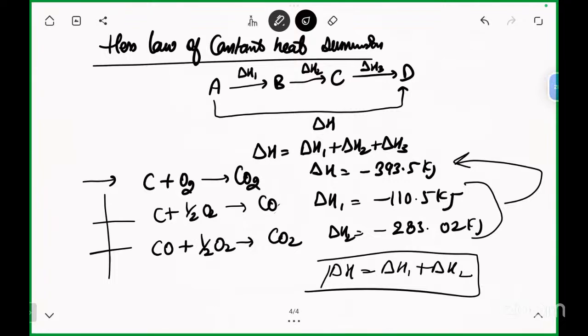Okay, one more important topic is extensive and intensive properties. Basic definition based questions can be asked from this topic. See, we have some macroscopic properties like mass, pressure, temperature, surface tension, viscosity. These types of properties are divided into two categories, extensive and intensive.